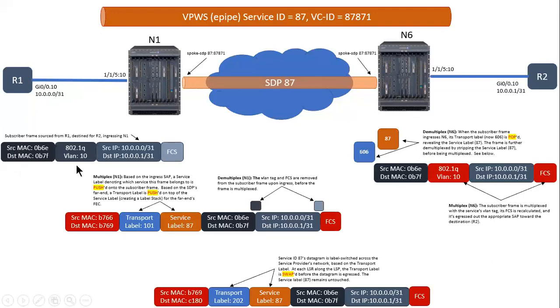And let's just say this were an ICMP packet, just a ping from R1 to R2. First, this frame would ingress the service provider through this particular service access point, 115:10, with 10 being our VLAN, or it's also called a service delimiter.